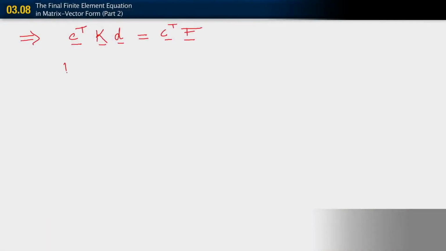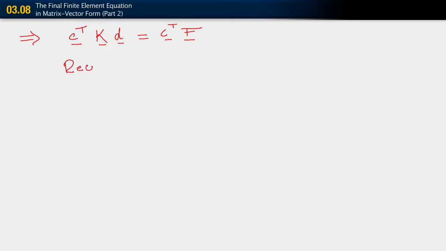Okay, but there's one other important step we need to take here, which is to recognize that this vector of weighting function degrees of freedom actually does interpolate the weighting function, right?